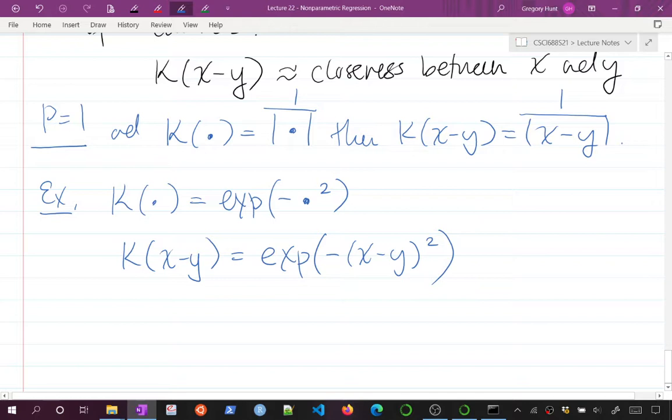When x and y are equal, this is basically infinite. When x and y are far apart, this thing is very small, right? So this first example doesn't really work because it doesn't have a finite integral. But if we work with nicer versions of the kernels, then if we look at k of the difference, it basically gives us some measure of closeness.